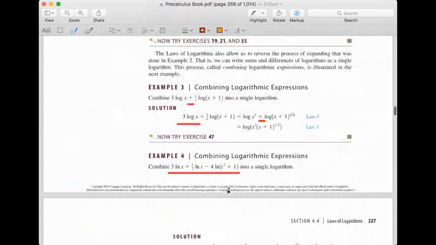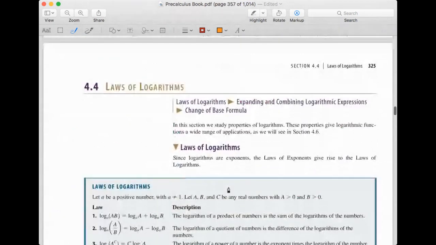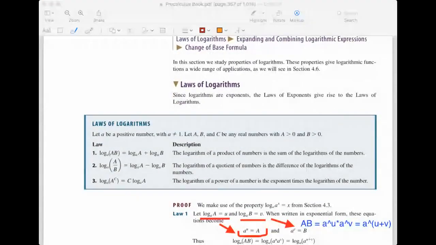So we're talking about the new laws of today, these laws of logarithm. Okay, very important. If the inside of the log is a product, it can be split into two logs.